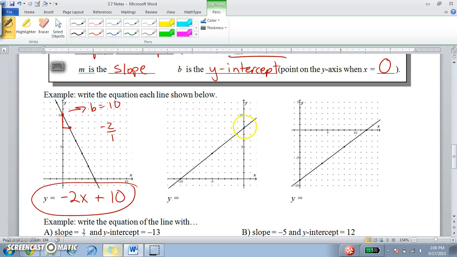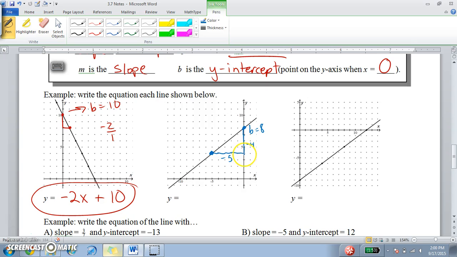This next one, I've got now my y-intercept is, let's see, this is 5, 6, 7, 8. So this is b equals 8. This is the next closest point, so now I have to count my rise, which is negative 1, 2, 3, 4. So this is negative 4, and then I'm counting to the left, 1, 2, 3, 4, 5.